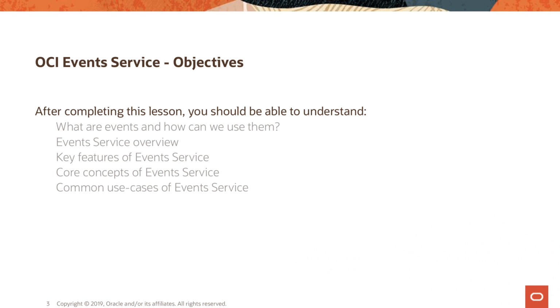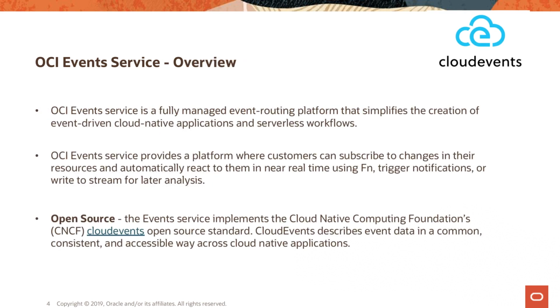We are going to look at some of the common use cases for this service in conjunction with some of the other services that it works well with, including the streaming service, the function service, and notification service. And then we are going to look at some reference examples, architectures of these use cases, followed by an actual demo towards the end. So let's get started.